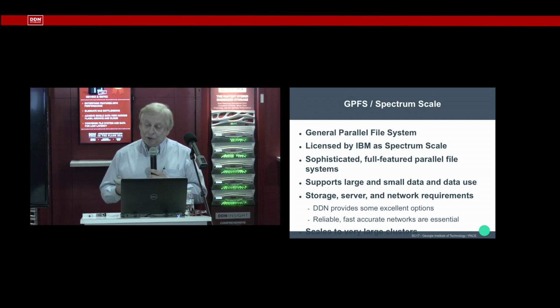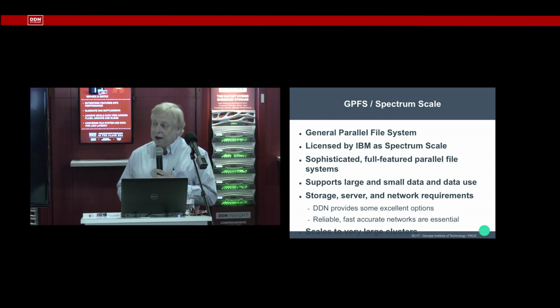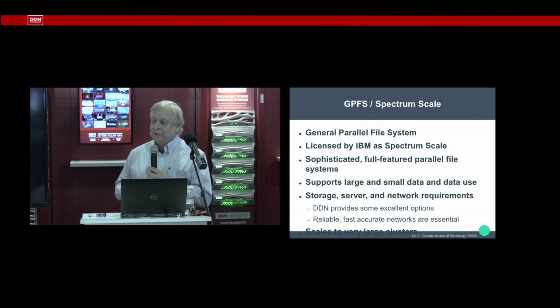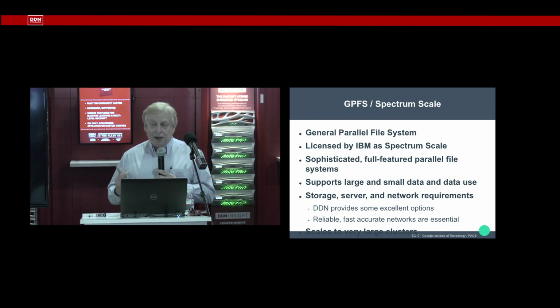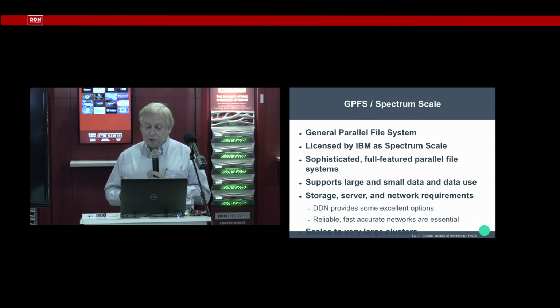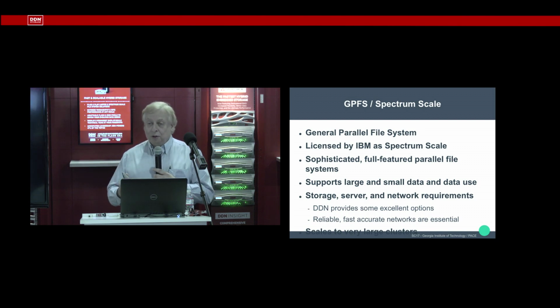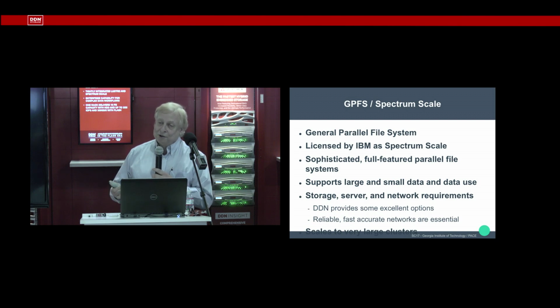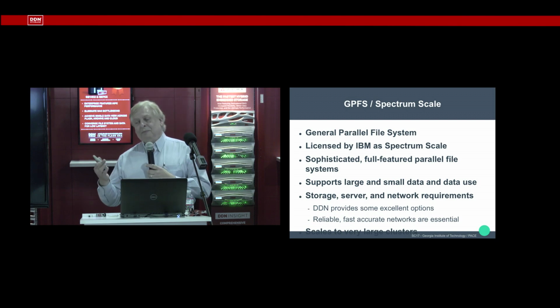And what's really interesting about the research that we have at Georgia Tech is we do a little bit of everything. There are many different kinds of applications, many different kinds of research being done. And sometimes we'll have people who say, well, what I'd like to do is I'm going to come up with this brilliant new idea and I'm going to put lots of small files in a single directory.